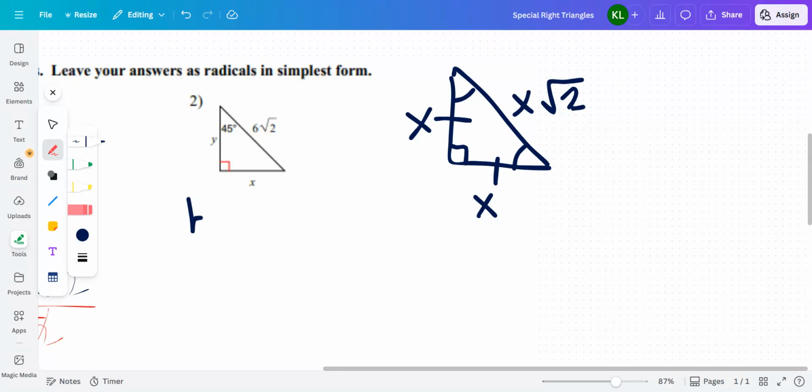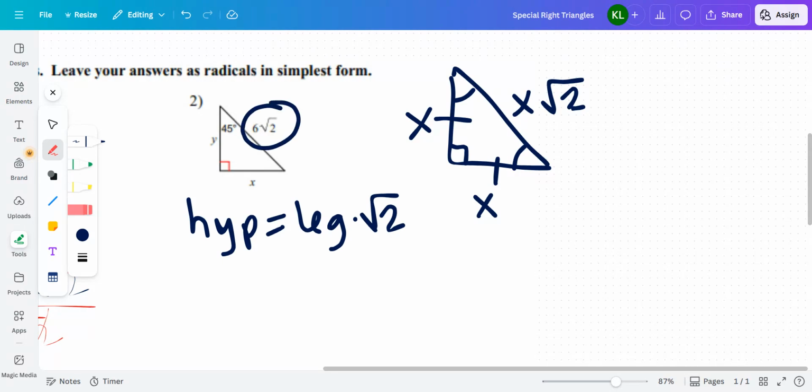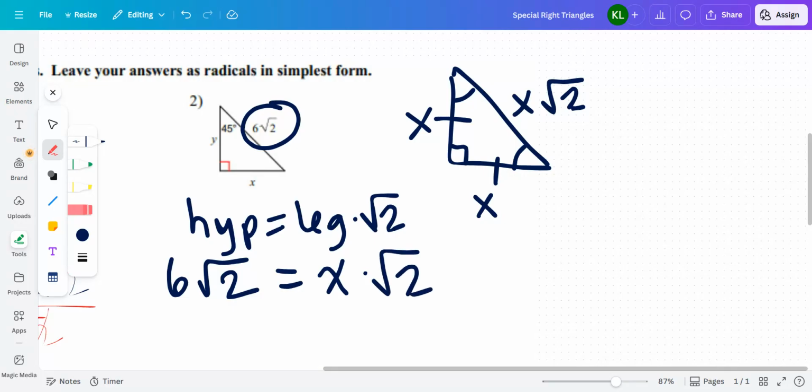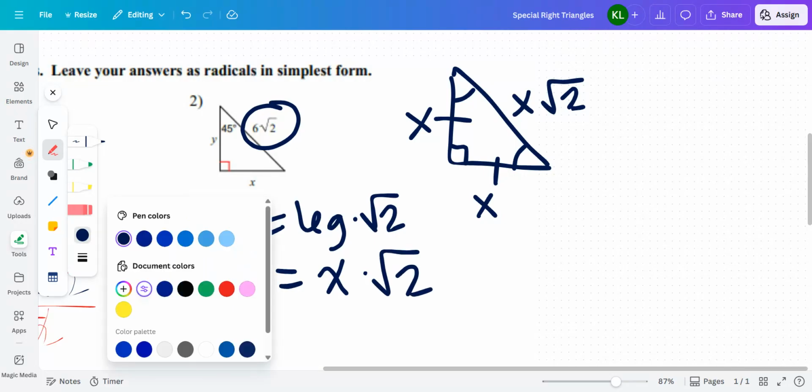So I know that my hypotenuse equals the leg times the square root of 2. We actually know what our hypotenuse is. It is 6 square roots of 2. So I'm substituting that in place of the hypotenuse label. I don't know what my leg is. I'm just going to say x times the square root of 2. And then to isolate x, we want to divide both sides by the square root of 2.